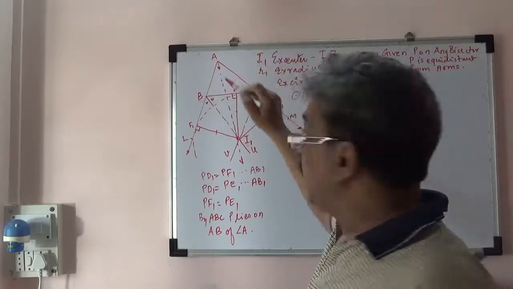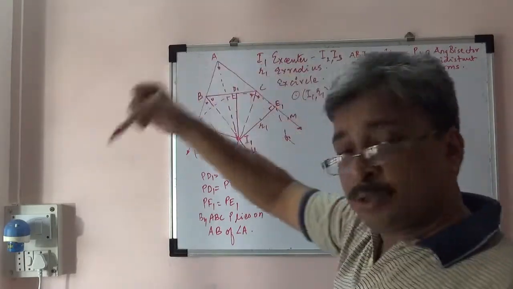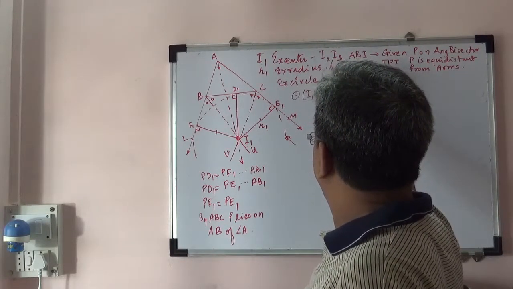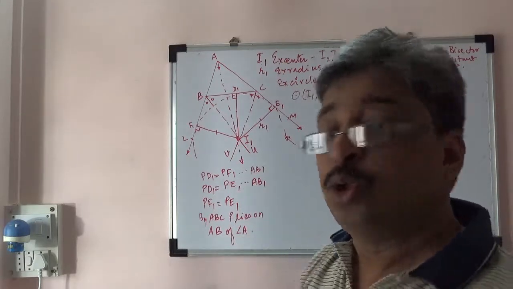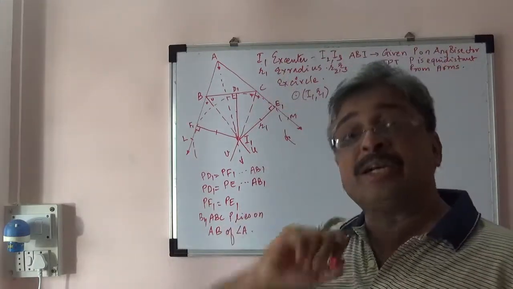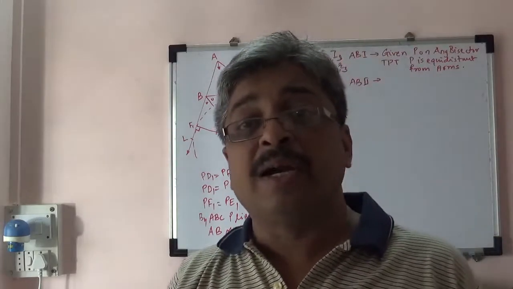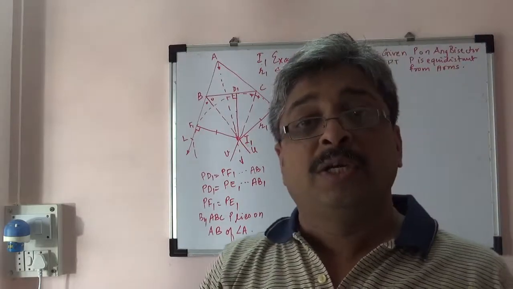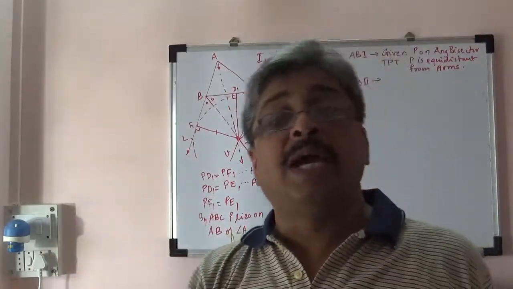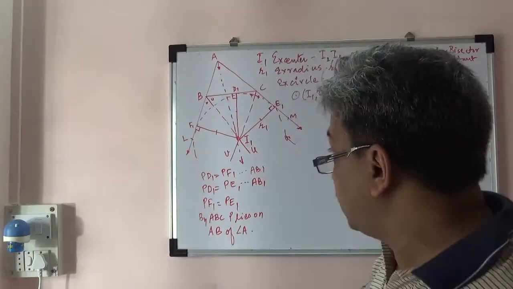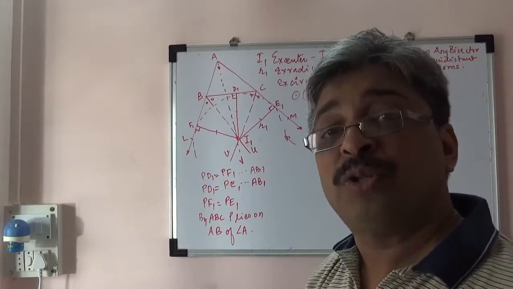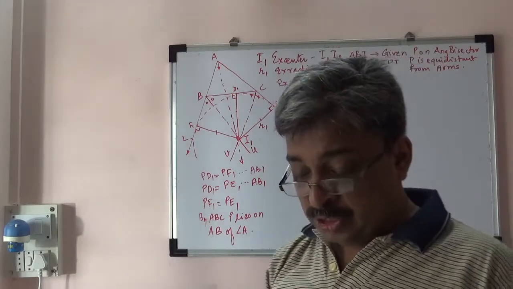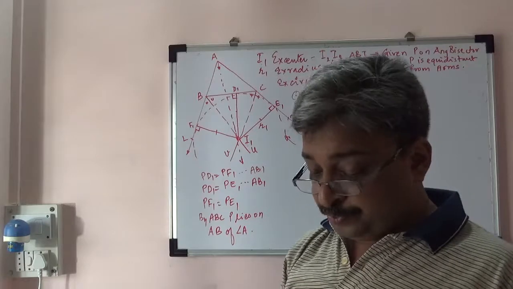I2 is opposite to B, I3 is opposite to C. Their corresponding exradii will be expressed as R2 and R3, and those circles also will be called excircles. So 3 excircles and 1 incircle are the circles which touch line AB, line BC and line CA of triangle ABC. So in total 4 circles, the incircle and 3 excircles. Hope this configuration is clear to you.